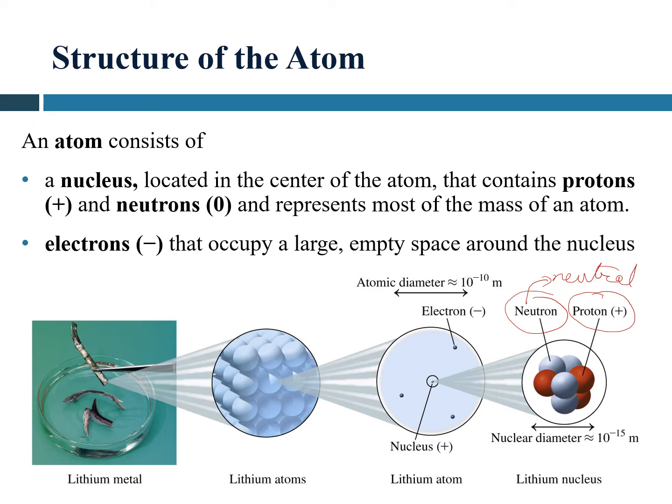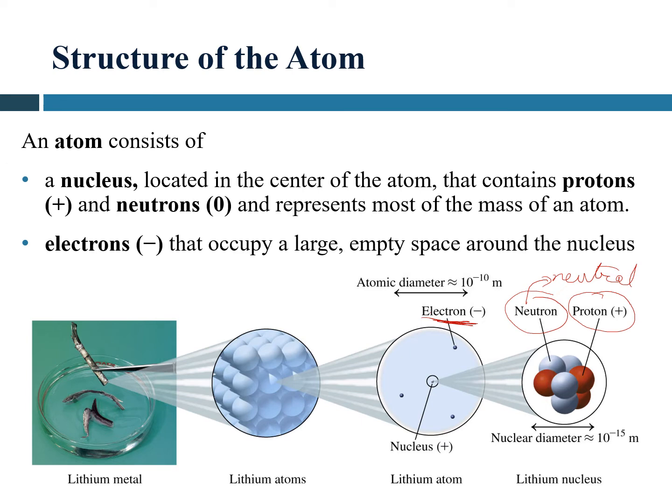Similarly, protons are positively charged and also heavy, and they combine together to make up the mass of the nucleus, which is the densest part of the atom. And then on the outside, most of the space is occupied by electrons, which are negatively charged. But the mass of the electron is very, very small in comparison to the whole atom.